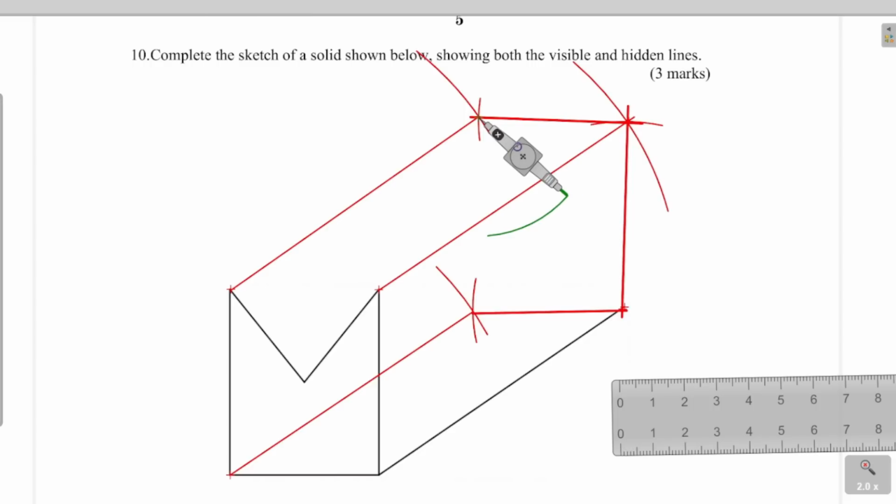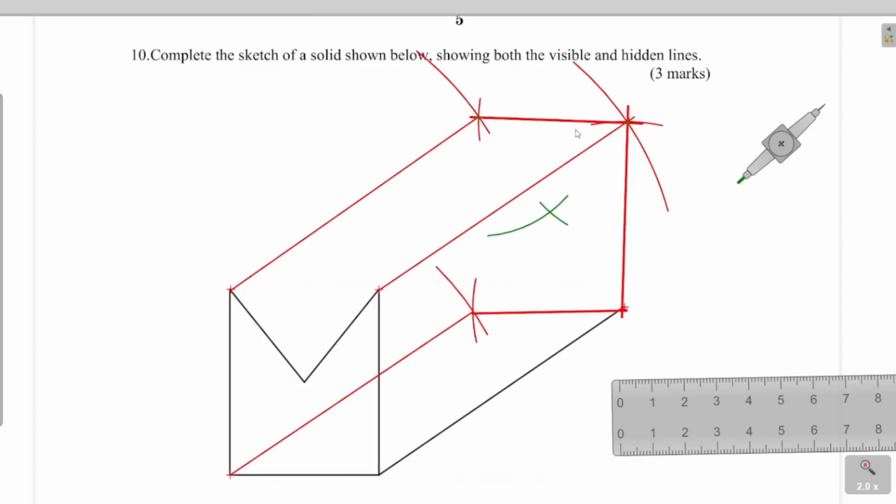Then from there we can take the other one from that point to this point again. We take that, then standing at this point we can cut that arc like that.